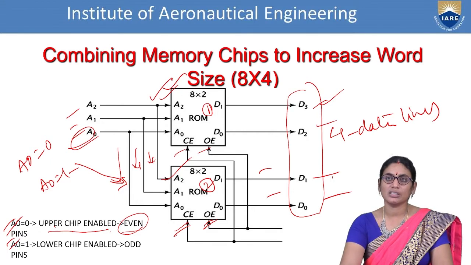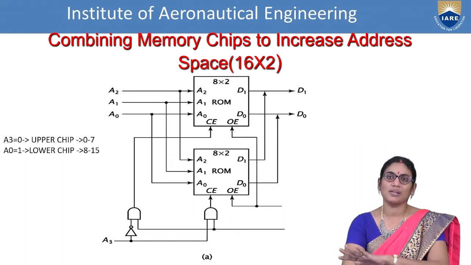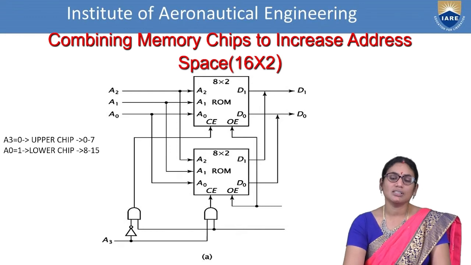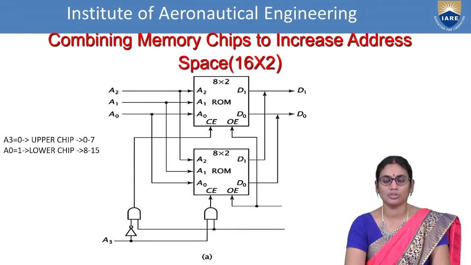Now we go for the next case where the address space is increased. What happens if I want to organize with n number of addresses with less data? In that case, I have to go for 4 address lines and 2 data lines. In this organization, we are going to see that approach.